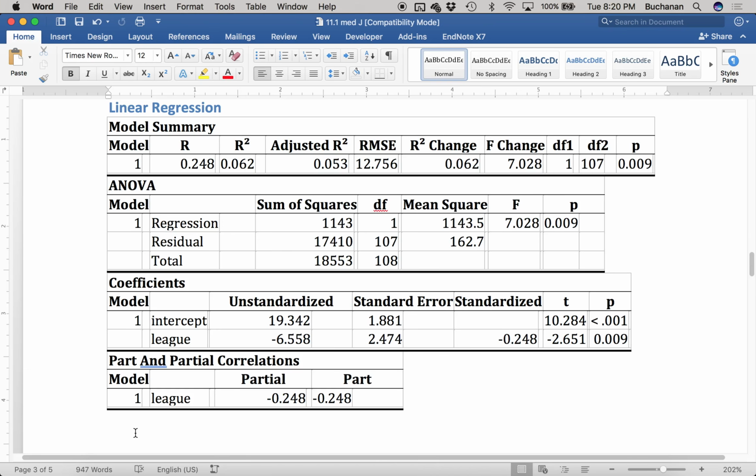But some people will report both. So we'll just go ahead and report both, because then if you have too much information, you can just remove it versus not having enough and you look like a fool because you don't have everything you're supposed to have. So I'd say f of 1 and 107 is 7.03.